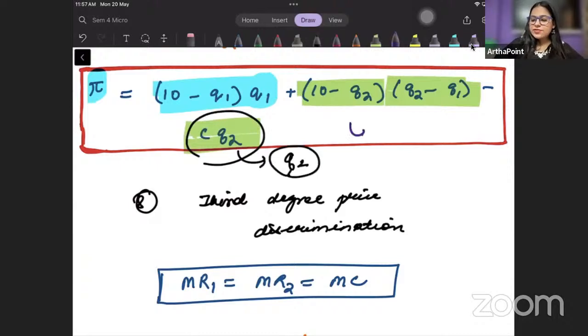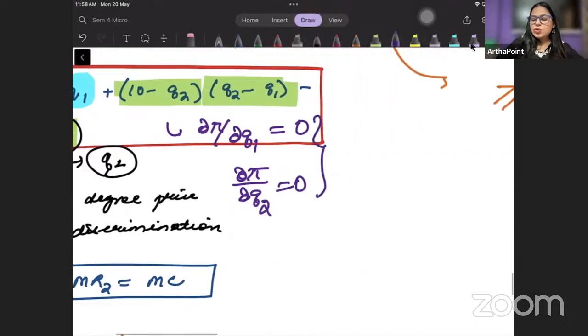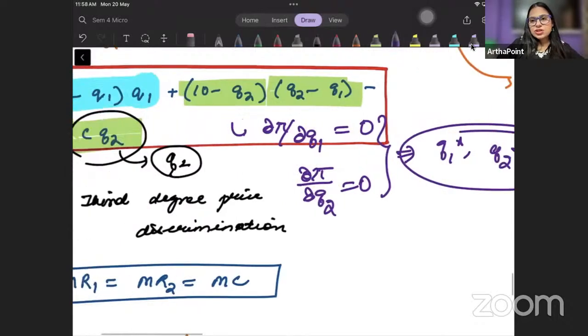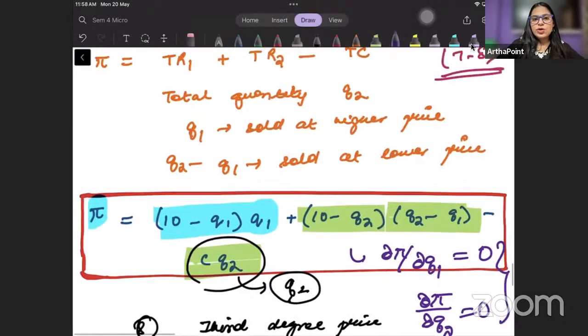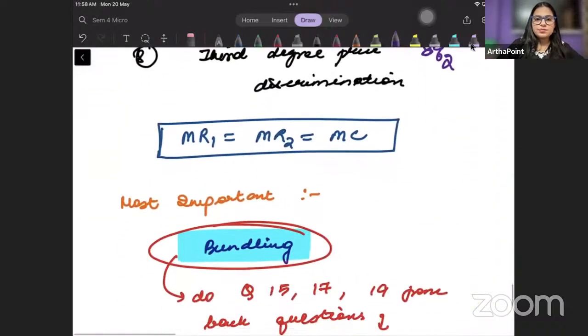You will go ahead and differentiate this function with respect to Q1, equate it to 0, differentiate it with respect to Q2, equate it to 0, solve the two equations simultaneously, and get Q1 star and Q2 star. So this question can be asked in exam. Again, you need to go ahead and practice this kind of question.